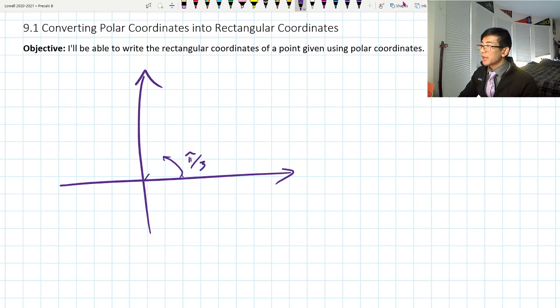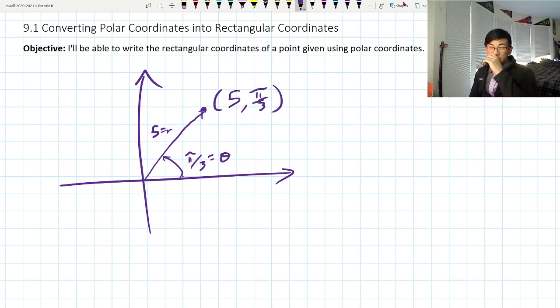And let's say we go out right here, r equals 5 units. So again, this is our theta, and that's our r. And therefore, this point has polar coordinates 5 comma pi over 3.